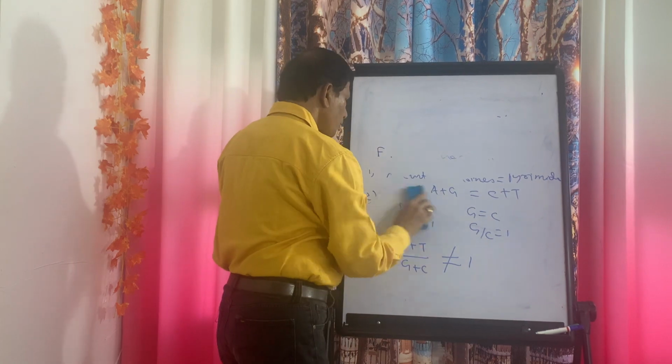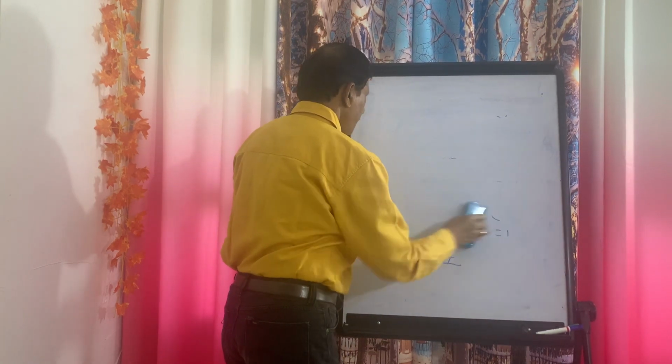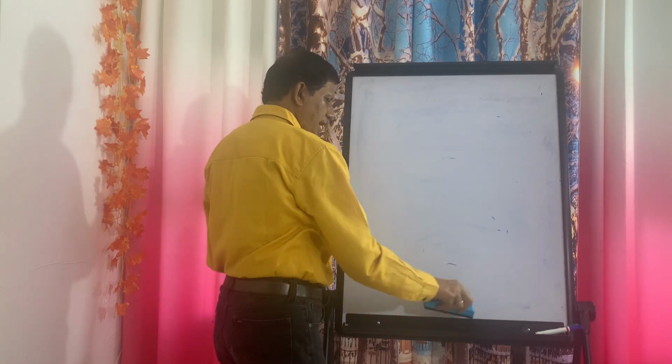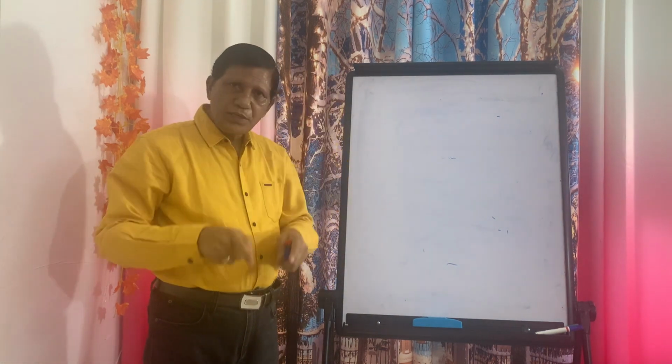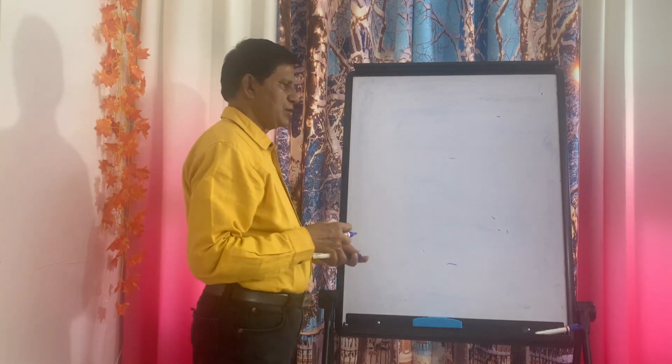According to Watson and Crick, DNA consists of a helical structure of two polynucleotides. In these two polynucleotides, the backbone is made up of sugar and phosphate.